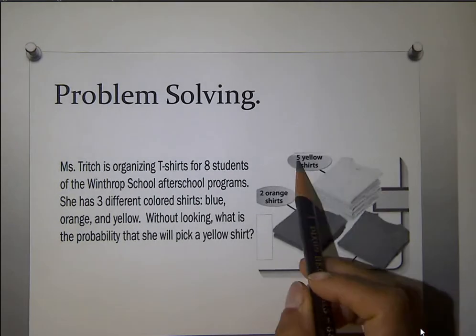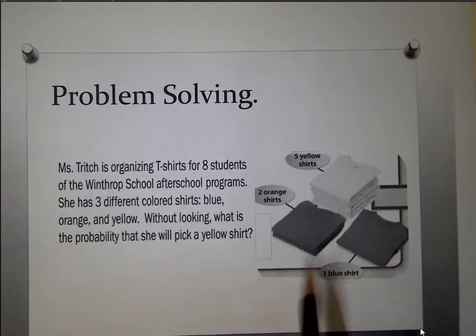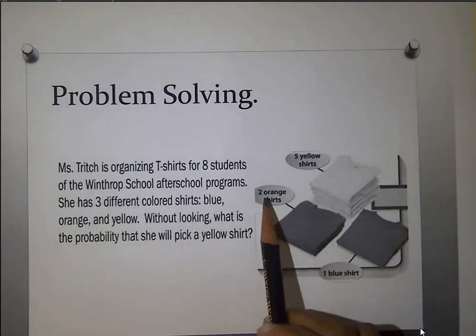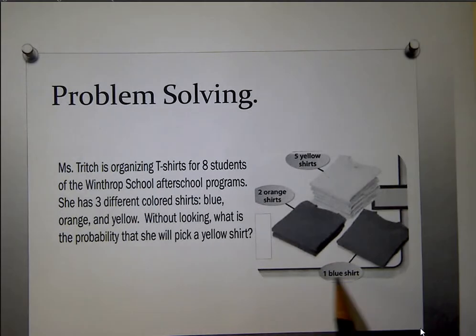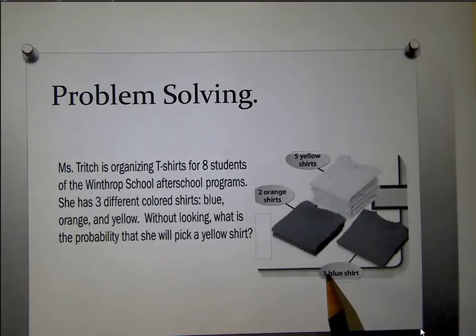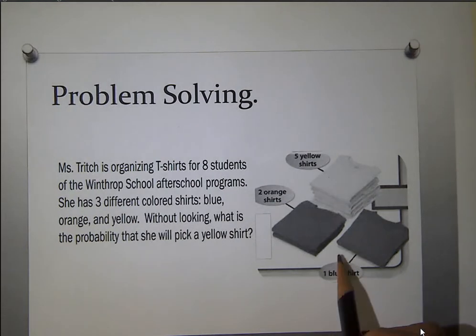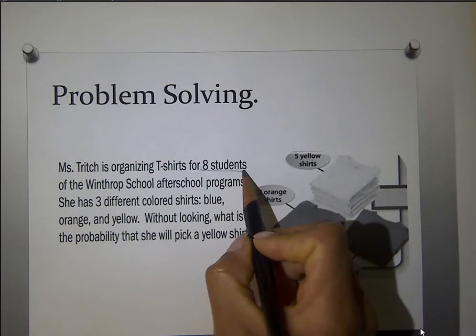So for the yellow shirts, there are 5. For the orange shirts, there are 2. And for the blue shirts, there's 1. Now I know that there's 5, 6, 7, 8 shirts. There's enough shirts for everybody, for all 8 students.